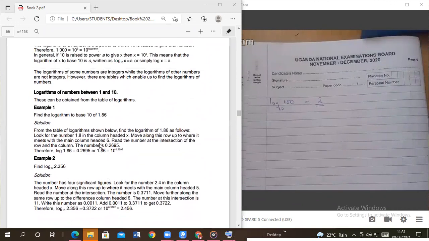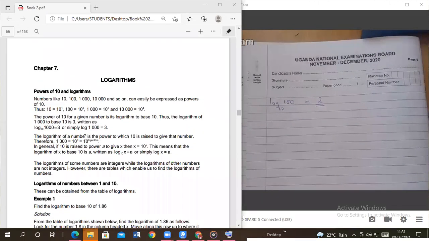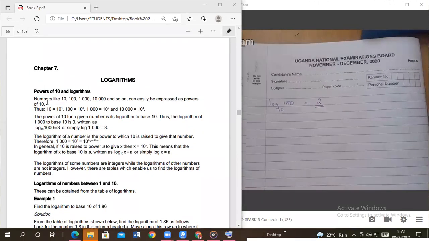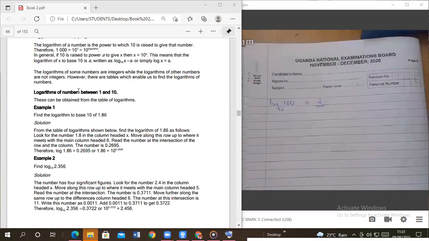Members, what we have seen here is logarithm of powers of 10. Now let's go and see logarithm of numbers.